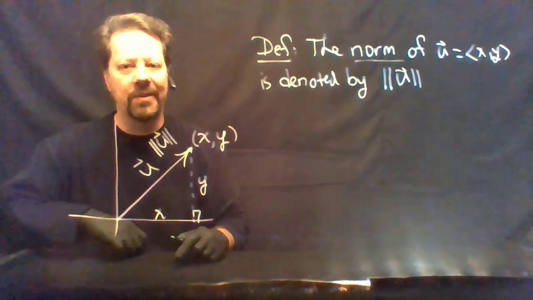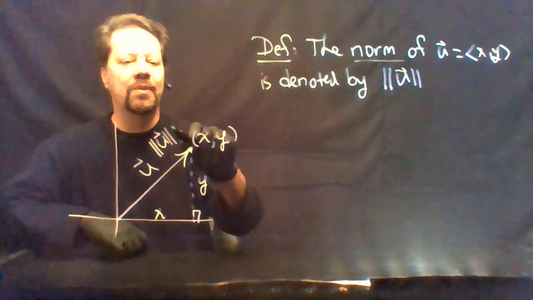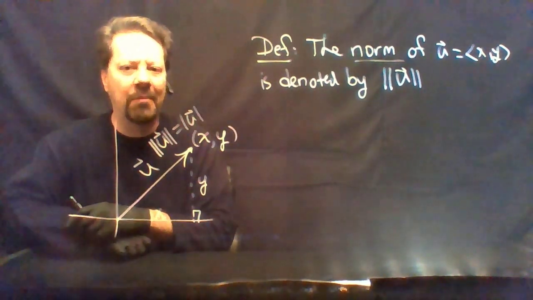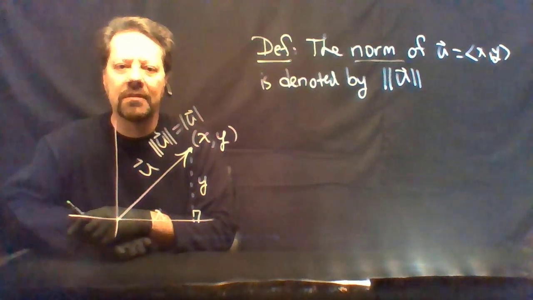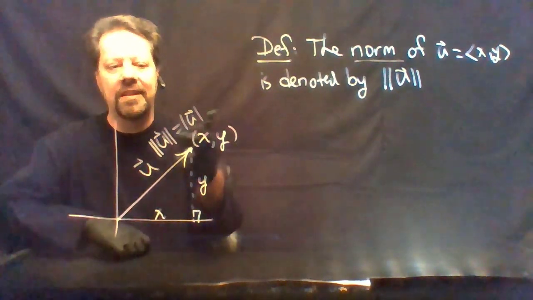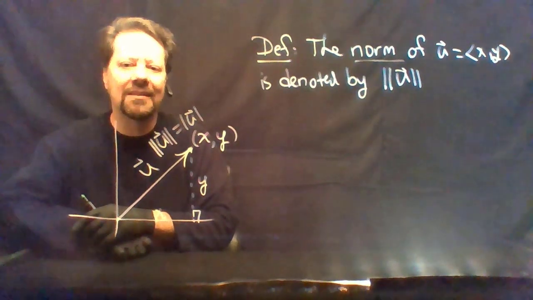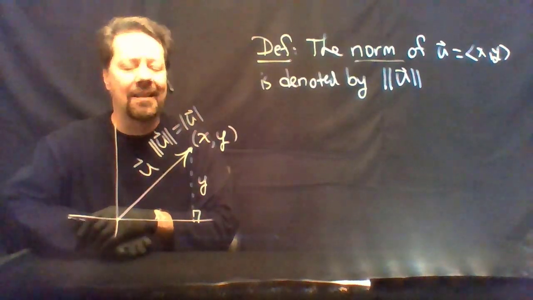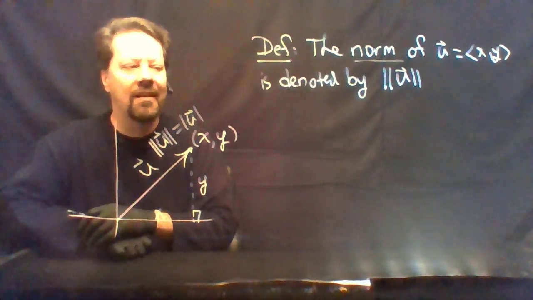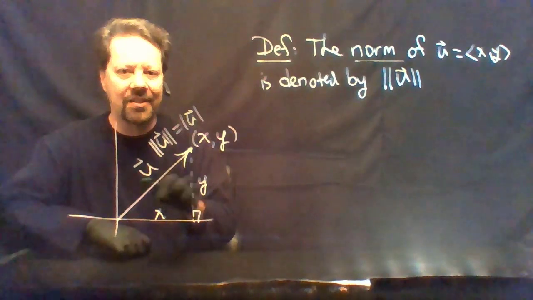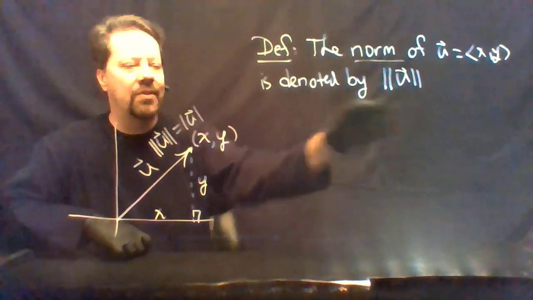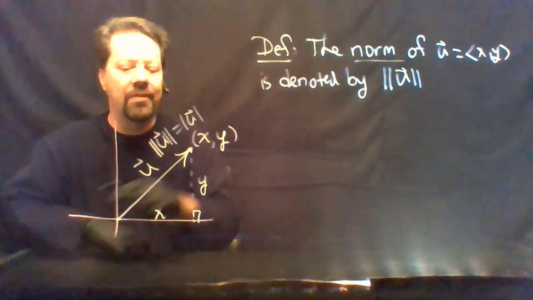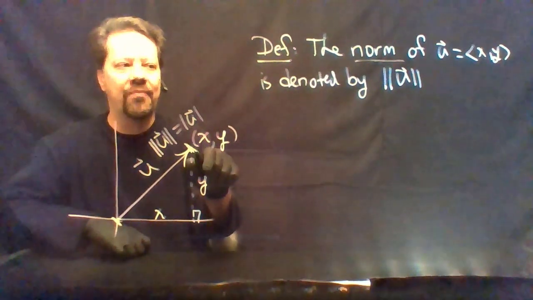Now, I have to be honest with you. A lot of texts will use a single bar notation. In my humble opinion, that gives rise to confusion, because if you see the bars, you might think absolute value. You would have to interpret it contextually that it's applied to a vector, and therefore it's not the absolute value, it's the norm. So, to make that distinction absolute, I'm going to use this double bar notation. It's the norm for sure. It gives you how long the vector is.